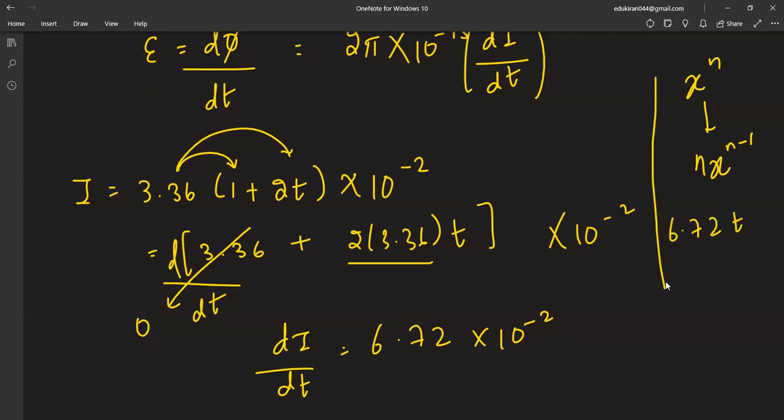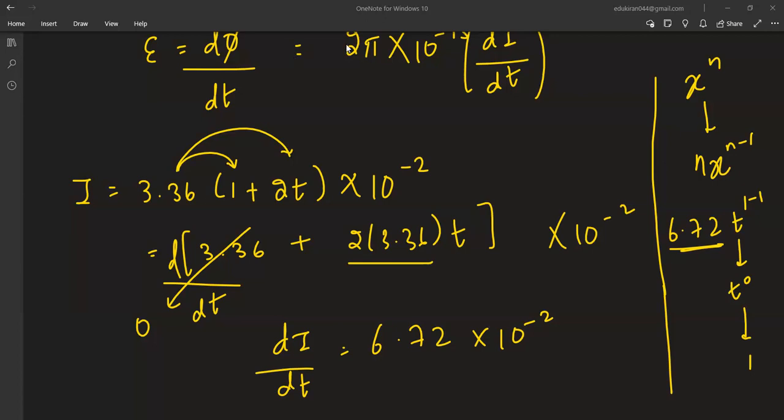When you are differentiating this, t to the power 1 is there, minus 1, so t to the power 0 becomes 1. And only this is left. So that's why this is left, and we had 10 to the power minus 2. First, tell me how we have obtained di over dt. Is this clear? Because we are towards the end of the question. Is it clear? Fadil, you there?